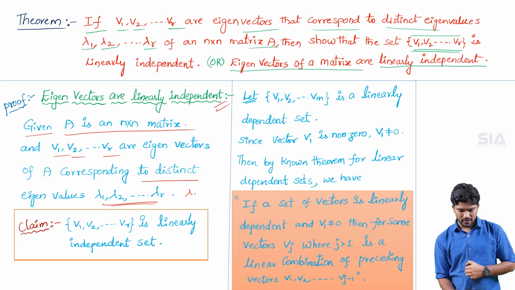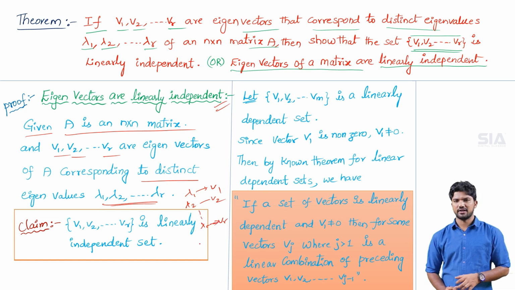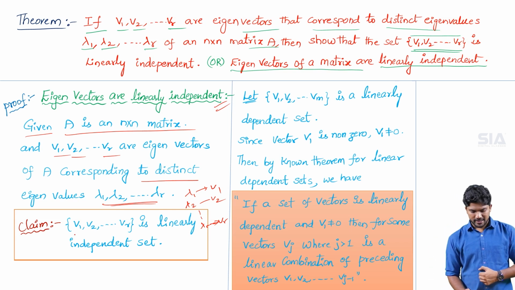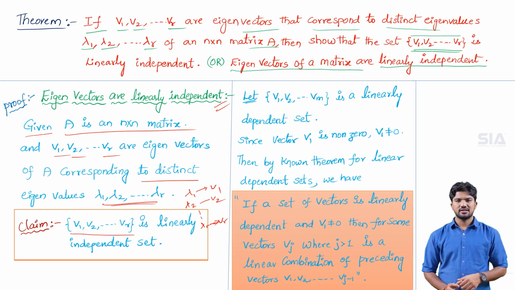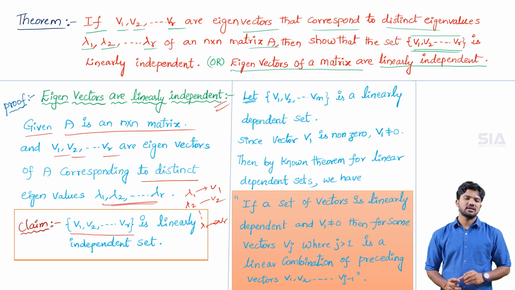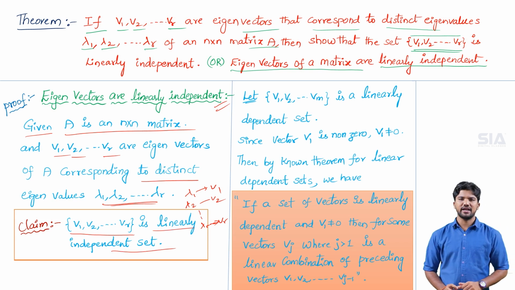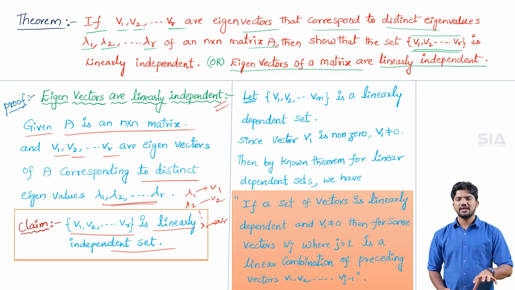For lambda 1 you get v1 as an eigenvector, for lambda 2, v2 as an eigenvector, up to lambda r, v suffix r is the eigenvector. Corresponding means in that format only. The claim is that we have to prove that the set of eigenvectors v1, v2, up to v suffix r is a linearly independent set. That is our aim in this lecture.